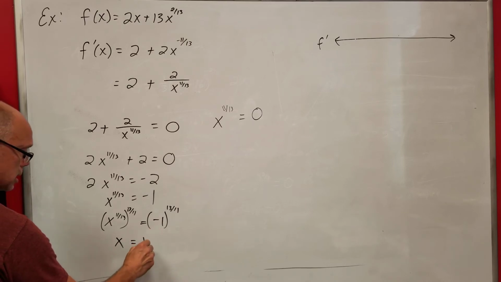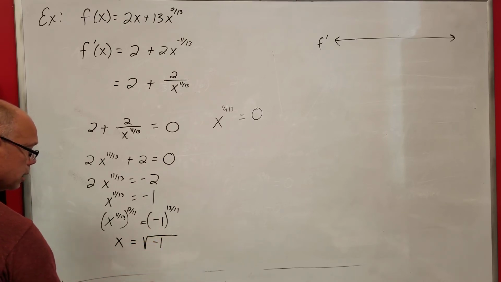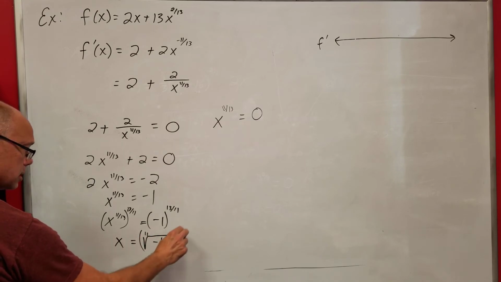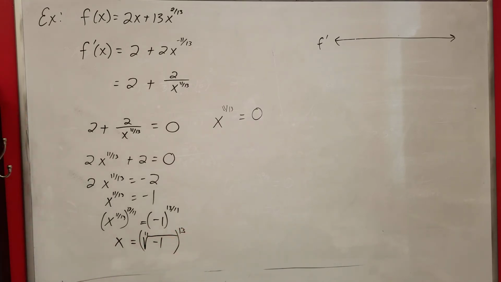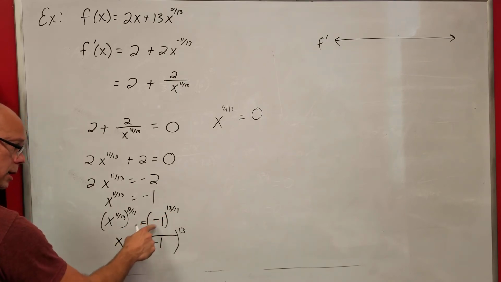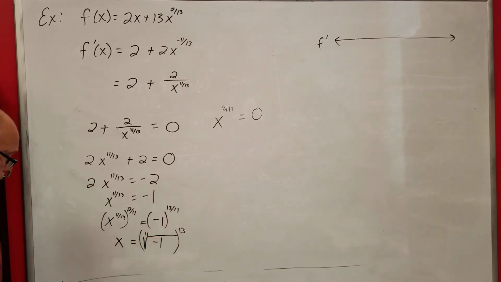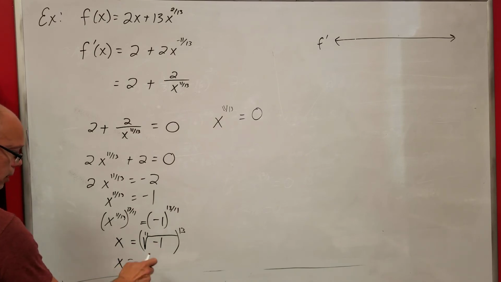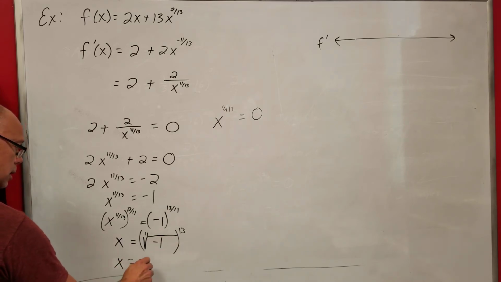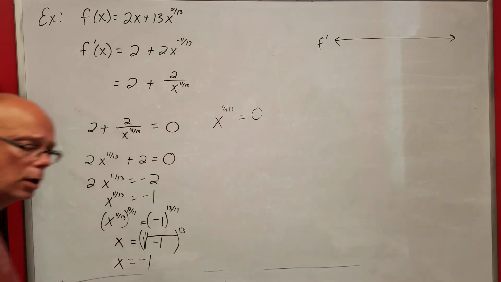This is really saying the same thing as negative 1, take the 11th root and raise that to the 13th. Because remember, the denominator here is going to be your index, the numerator is going to be your exponent. Well, what is that going to be? What's the 11th root of negative 1? Negative 1. What's negative 1 to the 13th? Still negative 1.